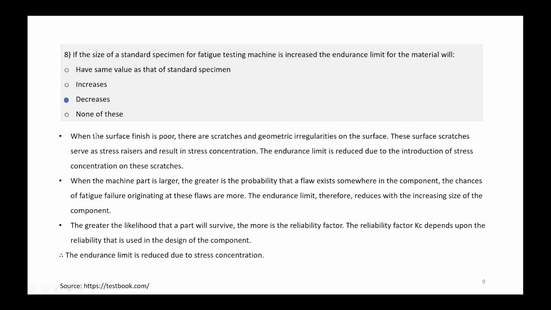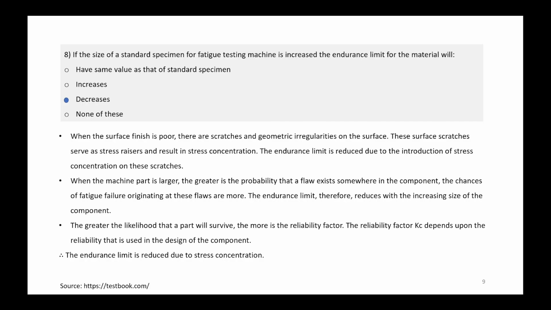We can explain that when the surface finish is poor, there are scratches and geometric irregularities on the surface. These surface scratches serve as stress raisers and result in stress concentration. The endurance limit is reduced due to the stress concentration at these scratches.